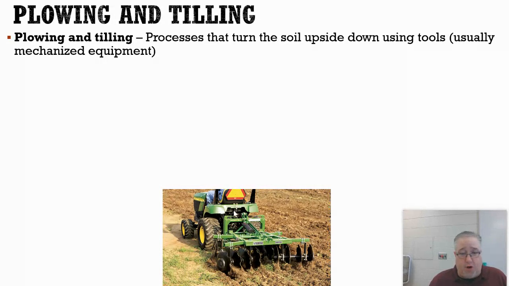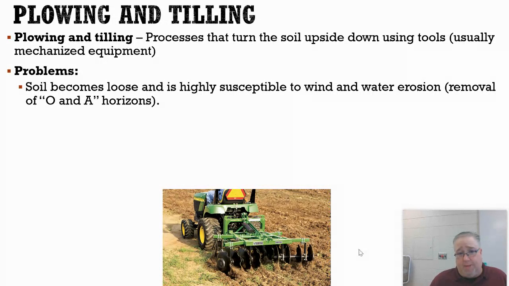This machine, this tractor, has these curved blades, and they just flip the soil upside down. By the way, we do that every time we harvest crops and are ready to replant things. We want to till that soil to loosen it up a little bit before we plant the seeds.